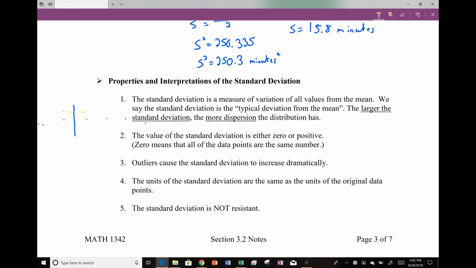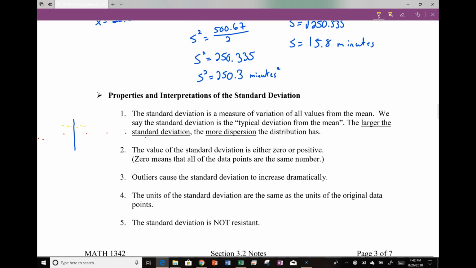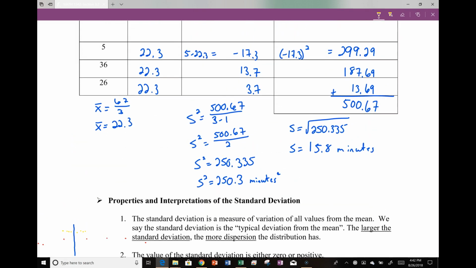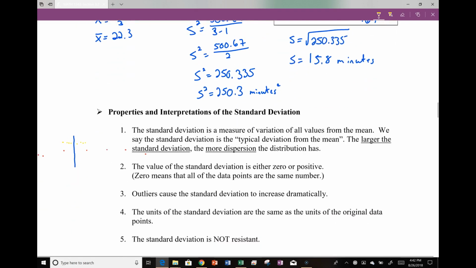The value of the standard deviation is either 0 or positive, meaning I cannot get a negative number for standard deviation or for variance. So please make sure that when you square these values, this column always becomes positive.